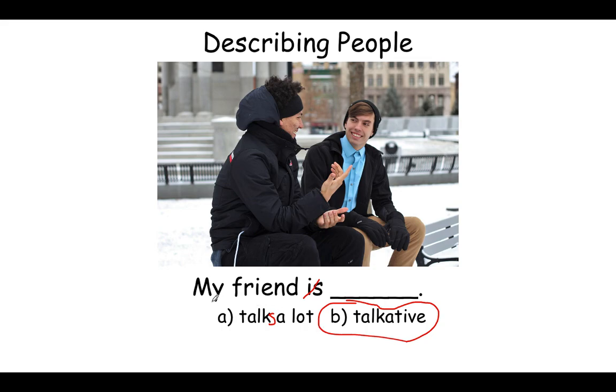But if you were saying my friend is, it would be my friend is talkative. Or you could say they are talkative. You also could just say, they talk a lot. He talks a lot. But when you hear the word talkative, it means that they just talk a lot. They like to talk to you. They like to say things.